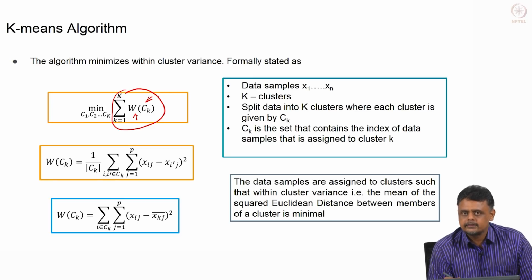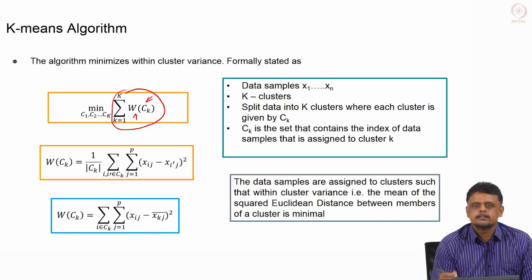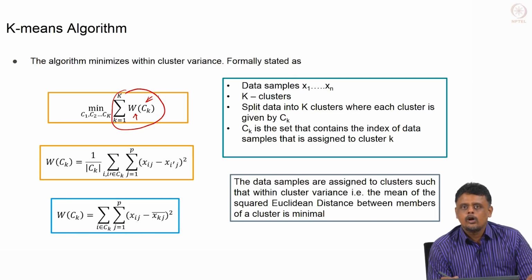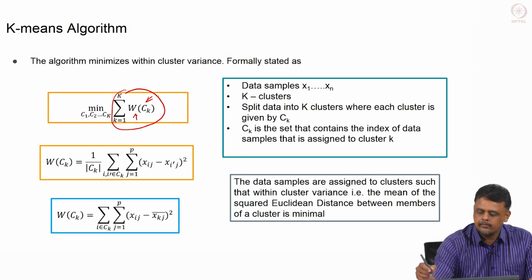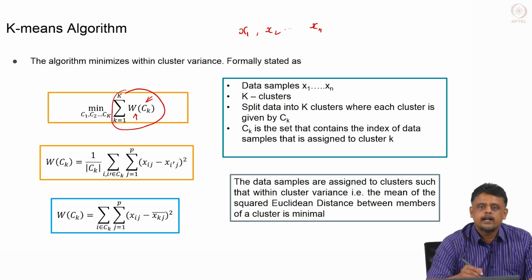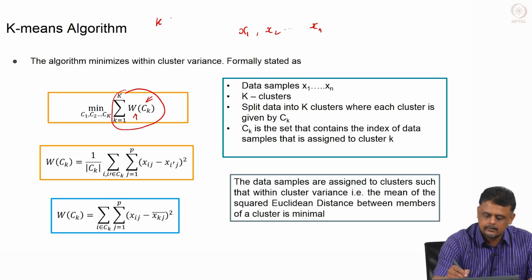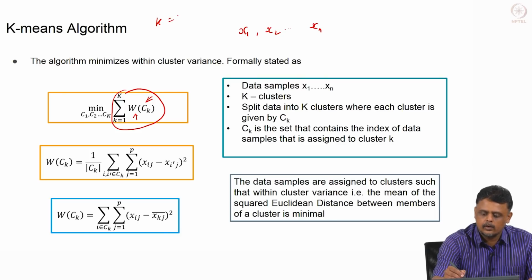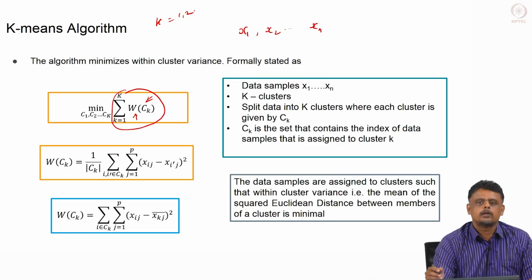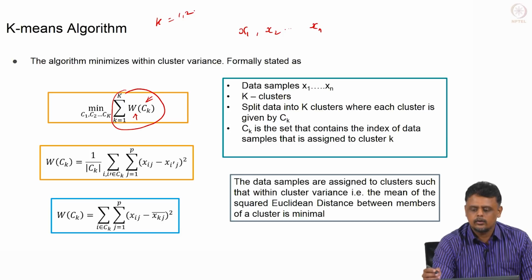Remember, this cost function is minimized by assigning the appropriate label to each one of the data points. So, let us say we have data points x1, x2 up to xn, and we have k classes. In this case, let us say k is 2, so there are labels 1 and 2.